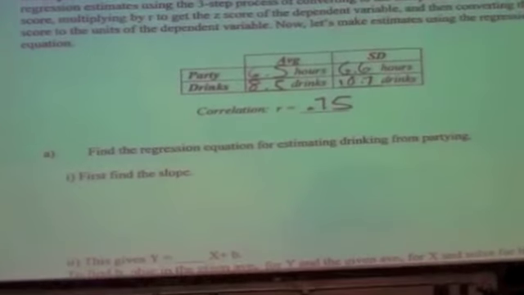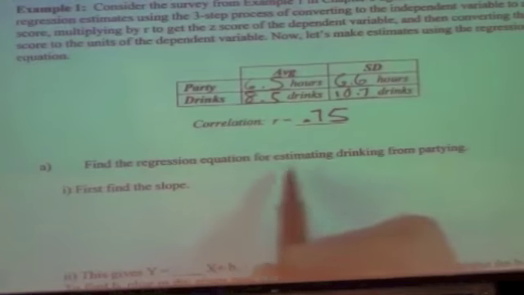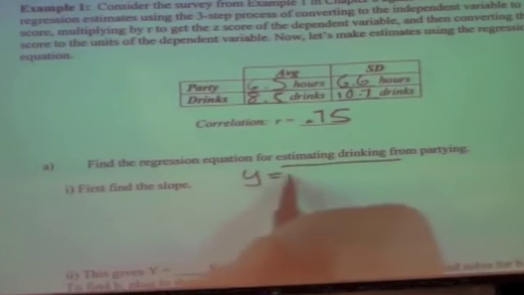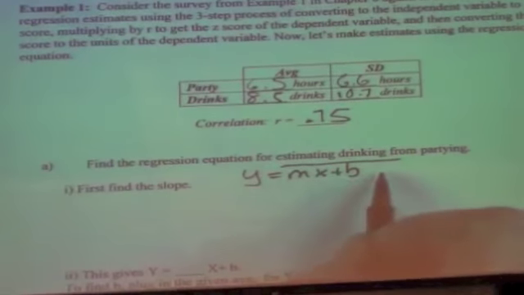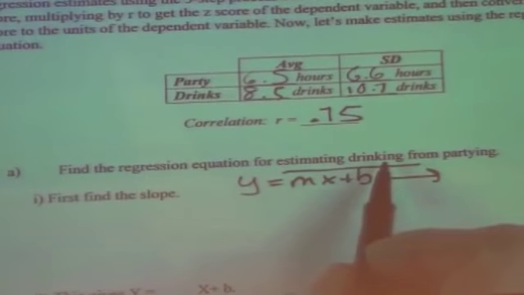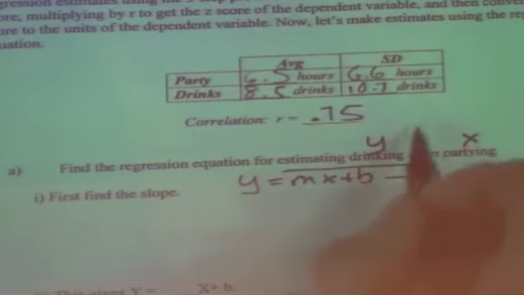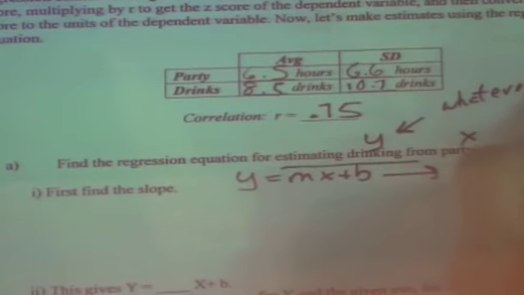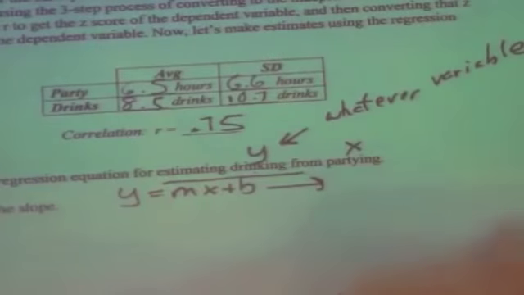First, just remember what the equation of a line looks like. We're estimating drinks, so which one should be Y? We want y equals mx plus b, but which one's y? Is drinking y or x? Whatever you're estimating is y, so party has to be x. The variable you're predicting is always y.